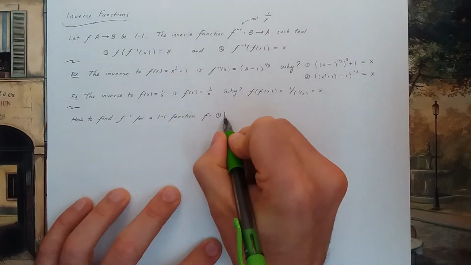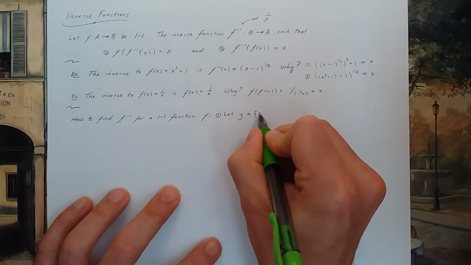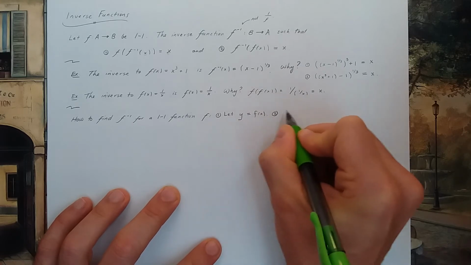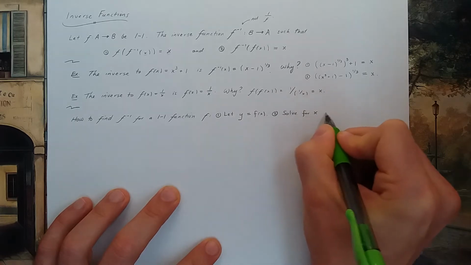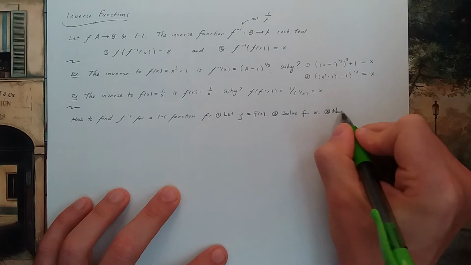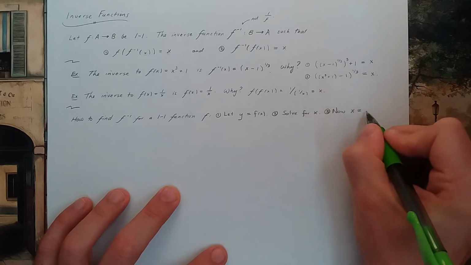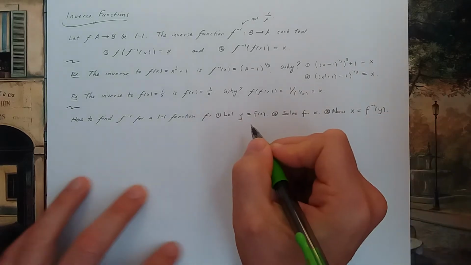The first step is I'm going to let y equals f of x. Step 2 is I'm going to solve for x. And step 3 is I'm going to say that now what you're going to find is x is equal to the inverse function evaluated at y.